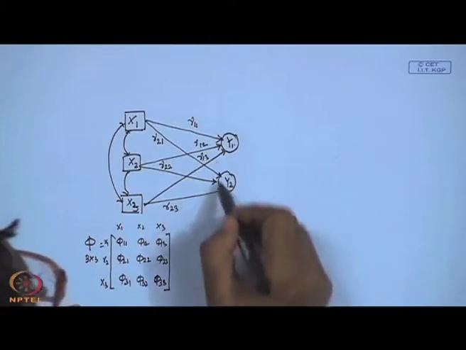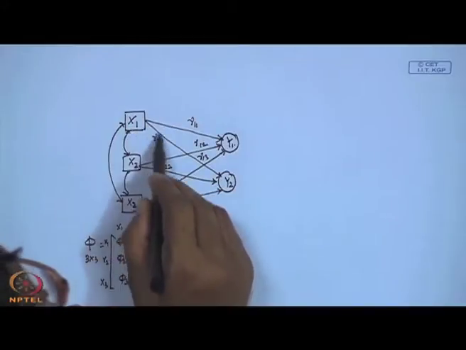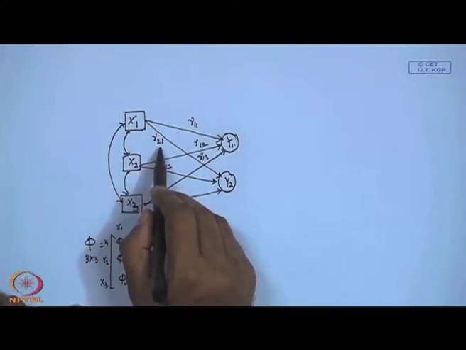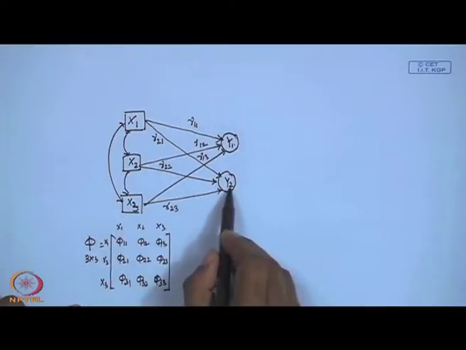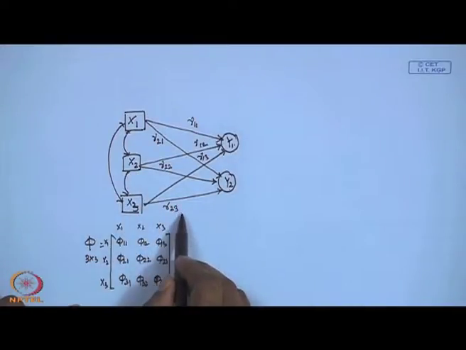Let me repeat: y2 affected by x1, the coefficient is gamma 2 1, y2 affected by x2, coefficient is gamma 2 2, and y2 affected by x3 with coefficient gamma 2 3.